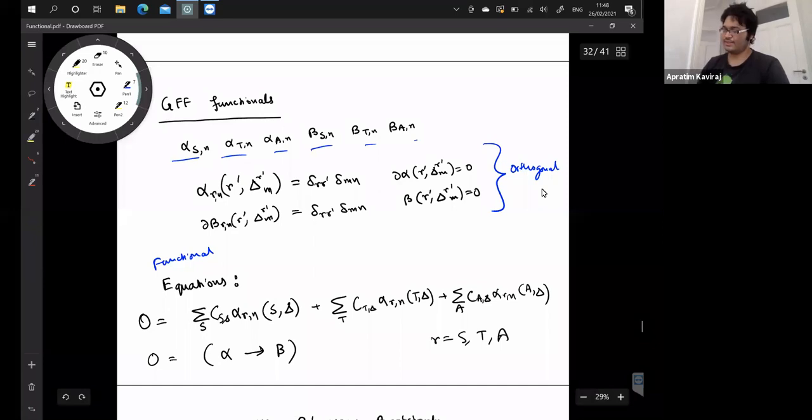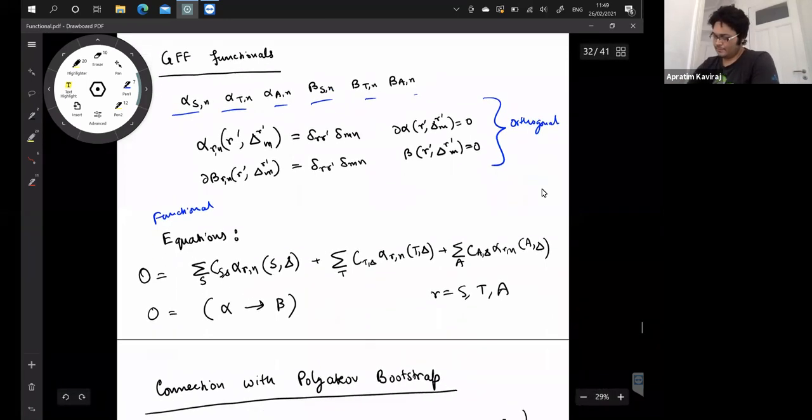So you get a system of 6 equations by acting them on the 3 Bootstrap equations.